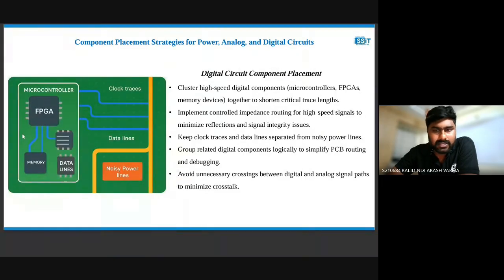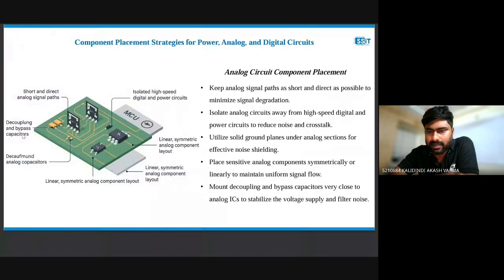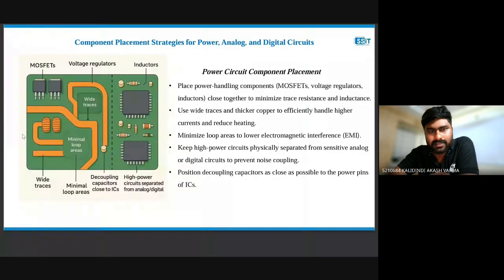And coming to the digital circuitry, we should maintain a separate cluster for high speed digital components. FPGAs, memory, and other controllers are the logical modules in the circuitry. Analog is continuous signals, and power is the high voltage, high current rated domain.